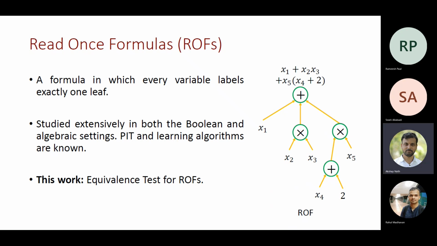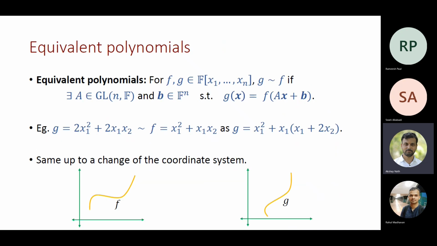Before I define this problem formally, I have to define what equivalent polynomials are. Let us suppose that we have two polynomials, f and g, both in n variables x1 to xn and over a field F. If you're not comfortable with fields, just assume that F is either the field of complex numbers or real numbers.